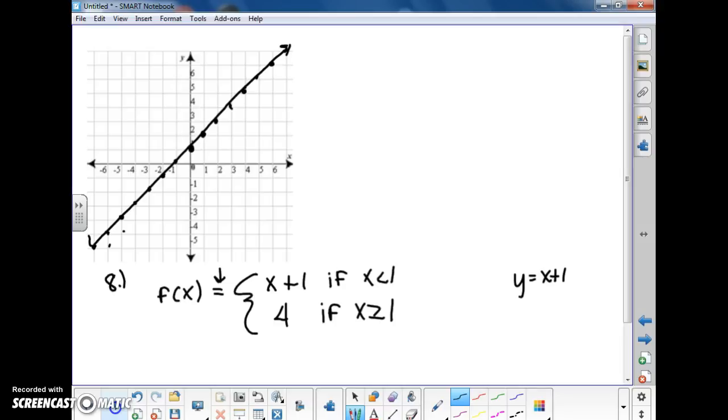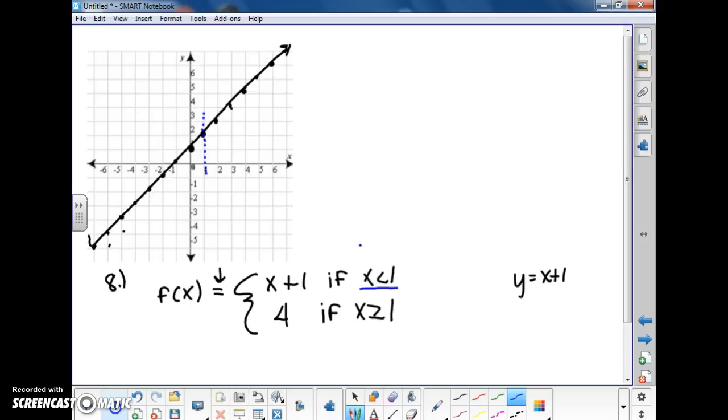The only thing I have to think about now is what x's do they want? They only want the part of the line where x's are less than 1. So I kind of give myself a visual. I find 1 on the x-axis, and then I find where that starts on my line. All they want is everywhere x is less than 1.